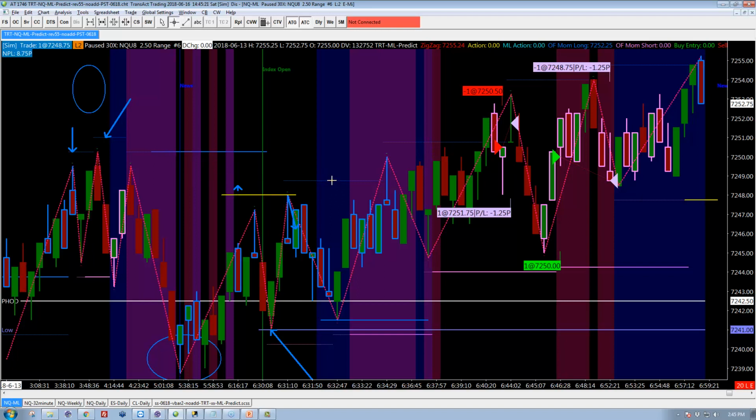The next pullback level is higher than this one, so that's why it's light dots and it doesn't go dark. That helps you visually see that I'm not going to trail to that level. That's a higher high. I only want to trail to lower highs for shorts. Okay. And you can turn these off if you find them confusing, but they help you understand where you're going to trail to.